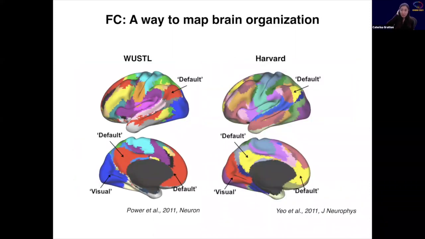And while this may seem relatively unconstrained, a number of studies have shown that this can produce very robust patterns of the typical network architecture of humans, as shown here for two large group studies, one at WashU on the left and one from Harvard on the right. And even though these were collected on different participants, different scanners, and using different community detection techniques, you can see that they produce very similar pictures of what the typical networks are of the human brain.